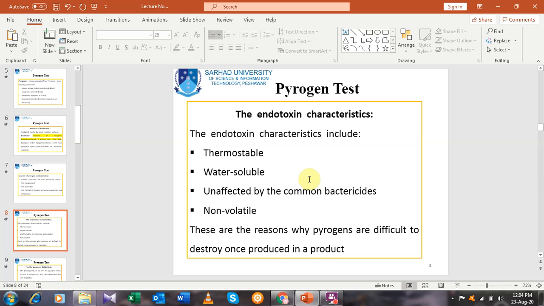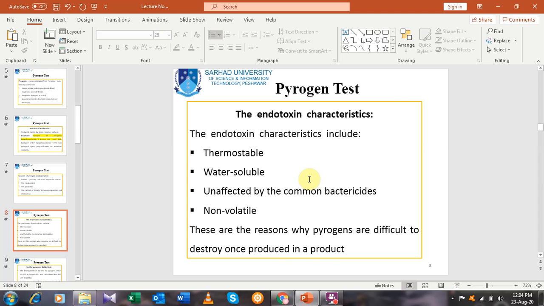Endotoxins are thermostable. They are not destabilized by the heat, and they are heat stable and water soluble, easily solubilized in water. And these are the two salient features, along with being unaffected by the common bactericide.